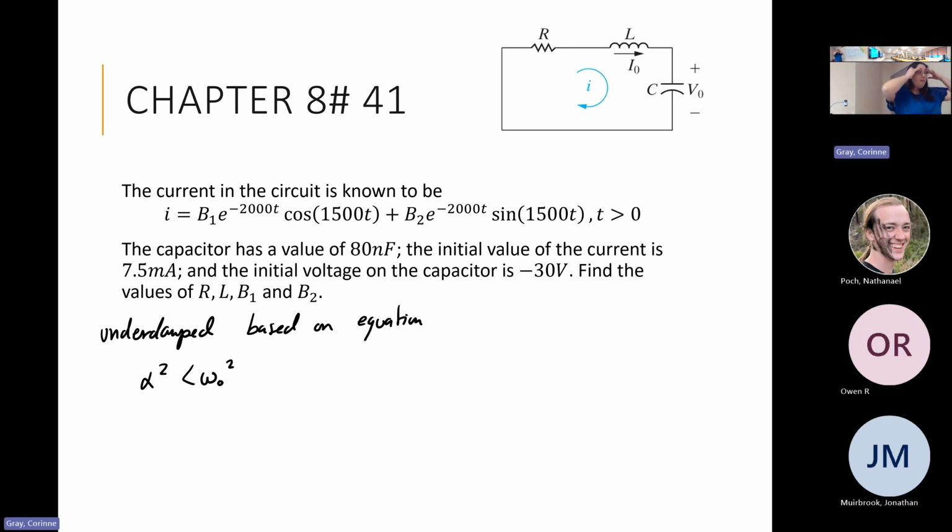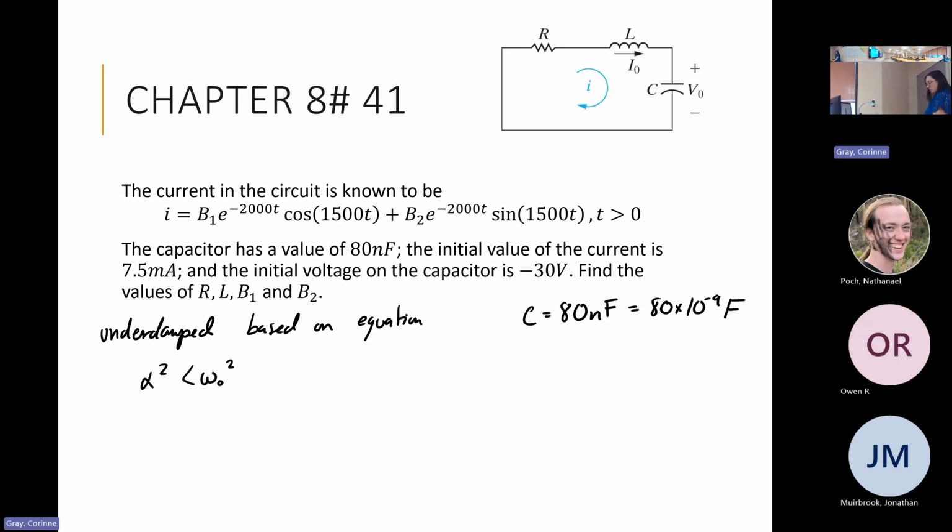All right, we've gone over the fact that we were given this ugly equation. What other information are we given in the text of the question? What is this 80 nanofarads? What should I probably do with that? Nano is 10 to the what? Cool.